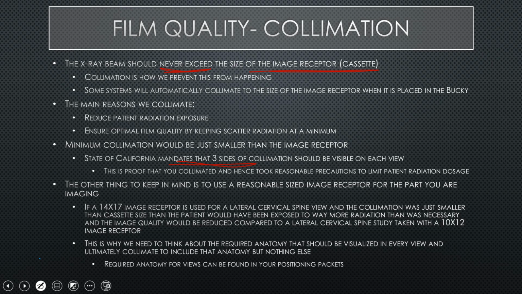Another thing to keep in mind is to use the proper sized cassette or image receptor for the part you're imaging. So if you are imaging, say, a wrist, you wouldn't expect to use a 14 by 17 inch cassette on a wrist when you could essentially use a smaller cassette like your 8 by 10.